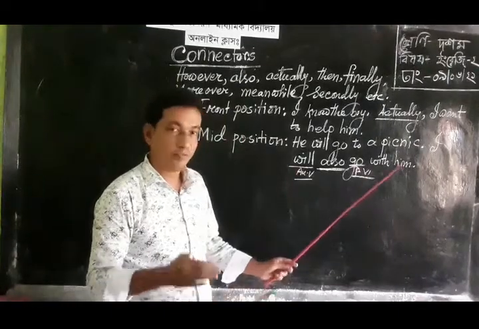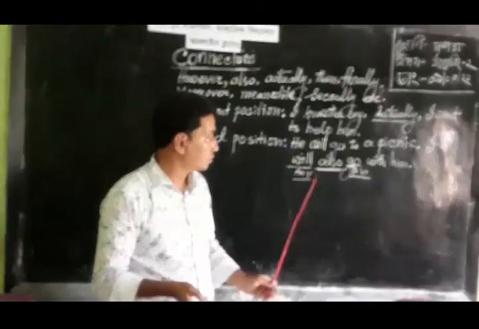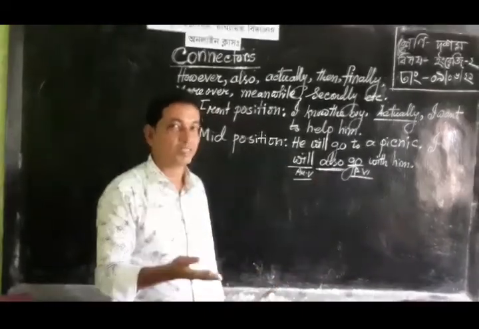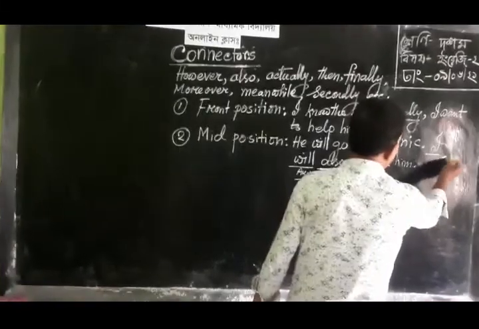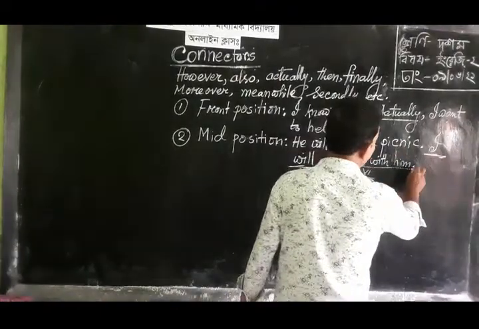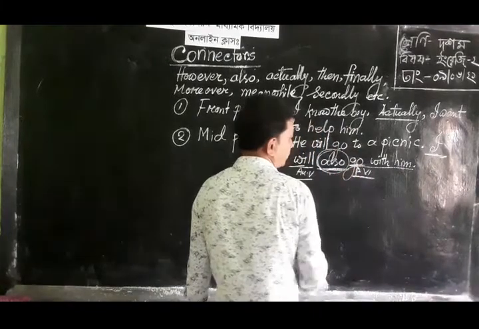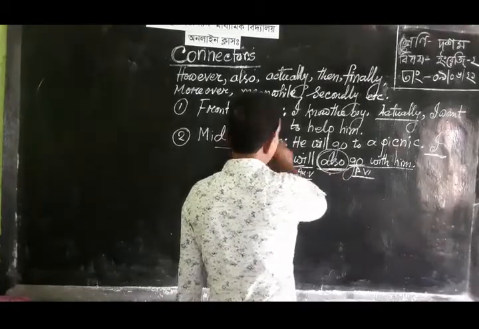You have noticed that in "I will also go with him," "also" sits in the middle of the sentence. So it is called a connector of mid position.